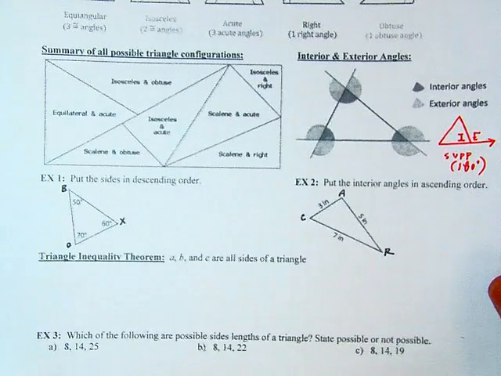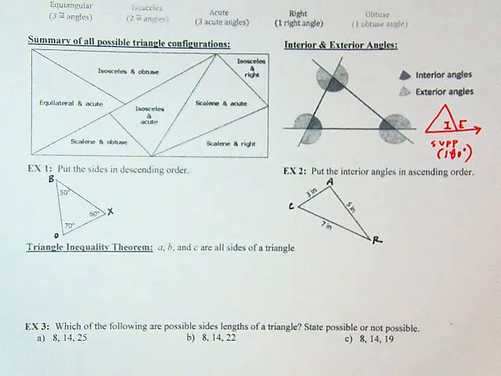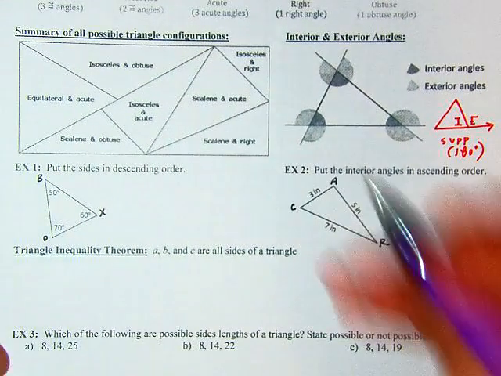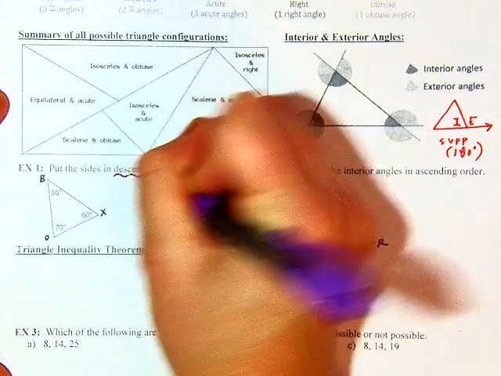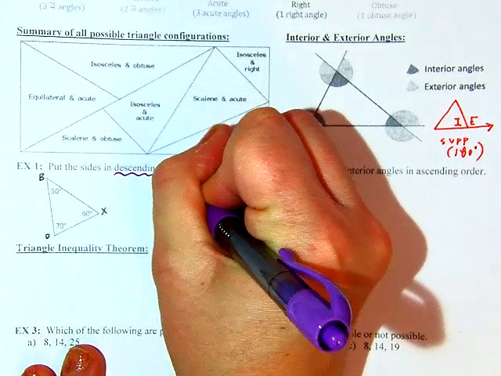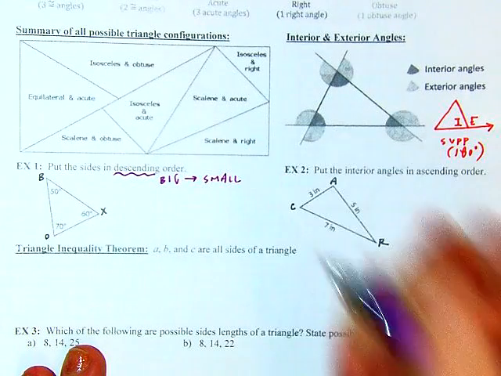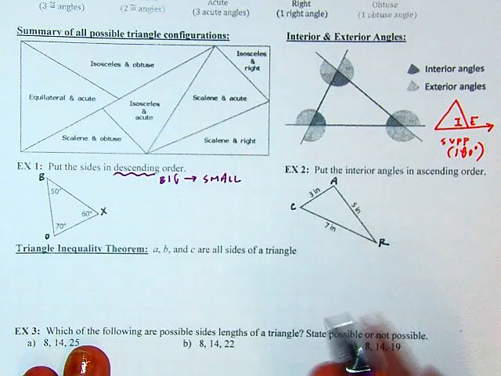So if I go back to my problem, if I want to put my sides in descending order, let me zoom in a little bit more too. Descending order is decreasing order, that is big to small. So I'm looking at what's my biggest angle.